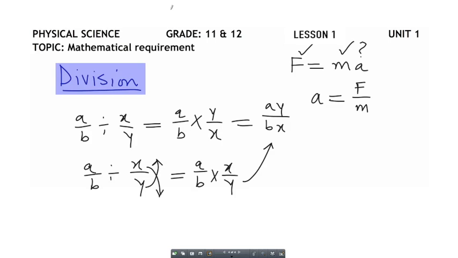So basically, this concept connects us to the equation where we may connect the force, the mass, and the acceleration in such a way that if I'm provided with the force and the mass, I'll be in a position to calculate the acceleration by having a equals F divided by m.